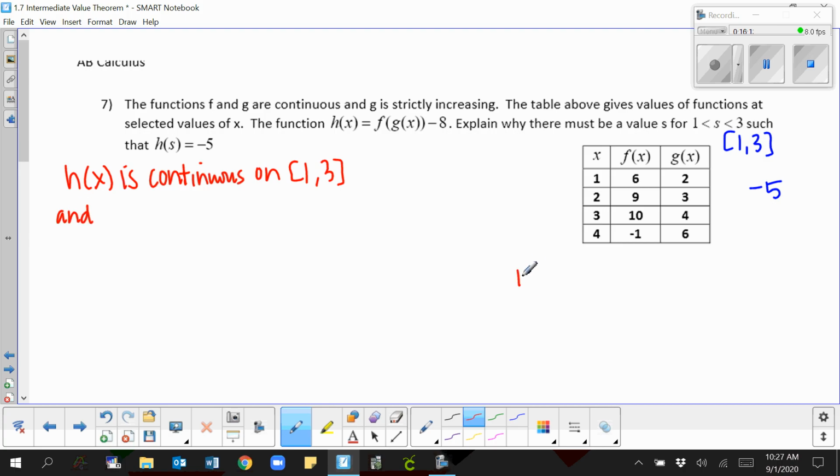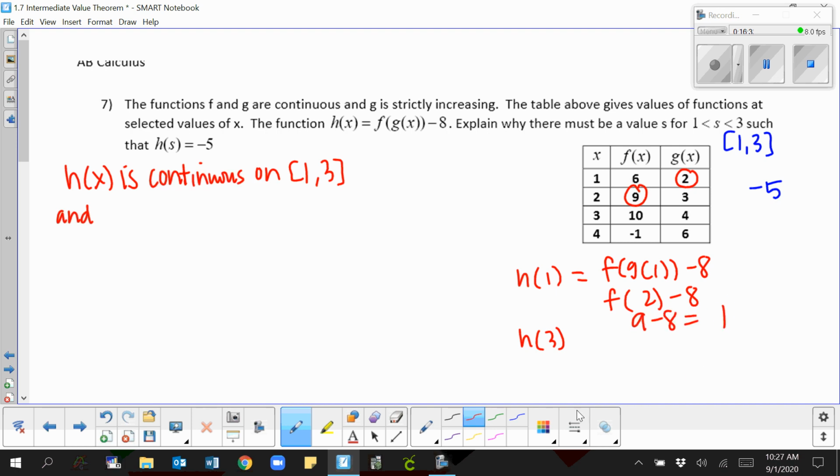And now I need to find what h of 1 is and what h of 3 is. So h of 1 is going to give me f of g of 1 minus 8. So g of 1 is 2, so f of 2 minus 8. f of 2 is 9, so 9 minus 8, which gives me 1.